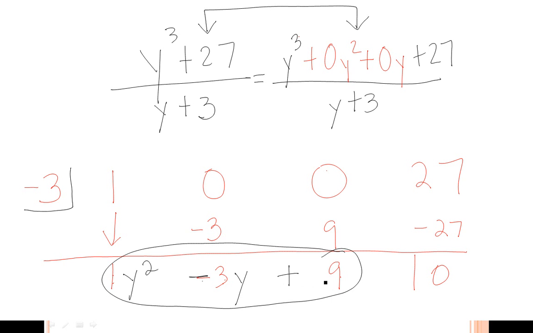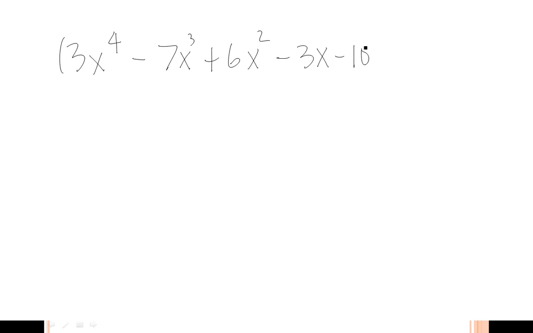Let's do one more. We have 3x to the 4 minus 7x cubed plus 6x squared minus 3x minus 10 divided by x minus 2. Notice this is a very long dividend, so it is an advantage to use synthetic division if you can.